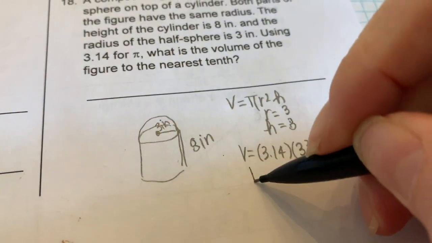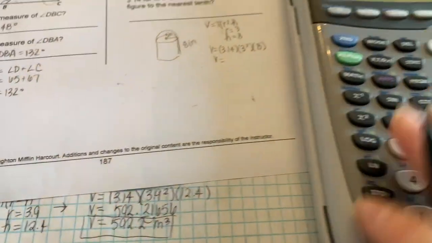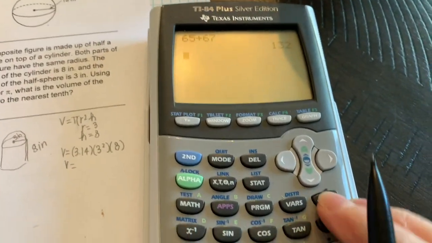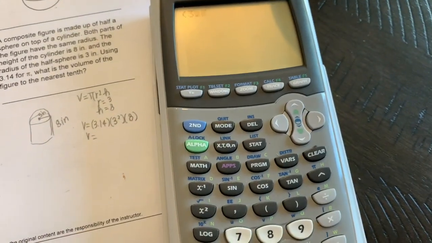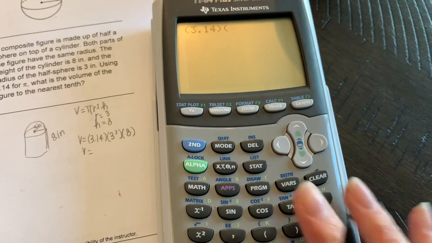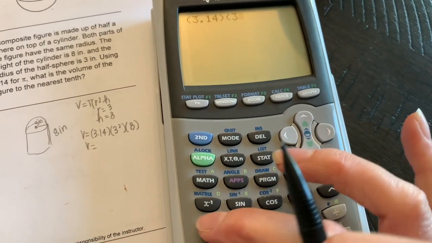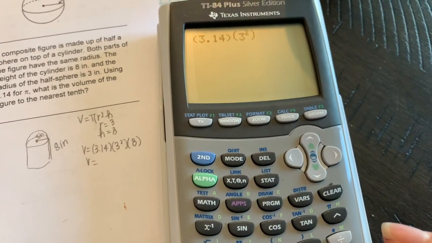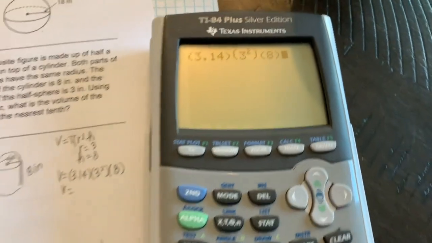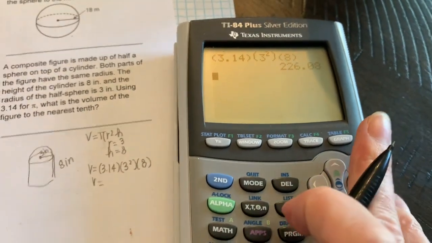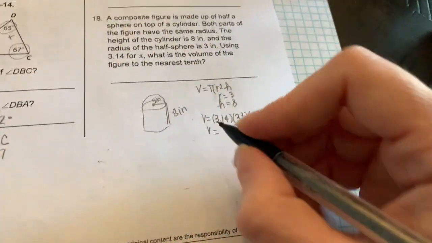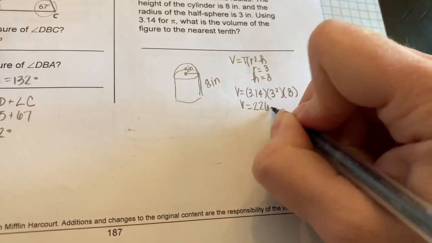And I'm going to plug it all into my calculator, as always. Parentheses, 3.14, close parentheses, 3 squared, close parentheses, 8. 226.08.